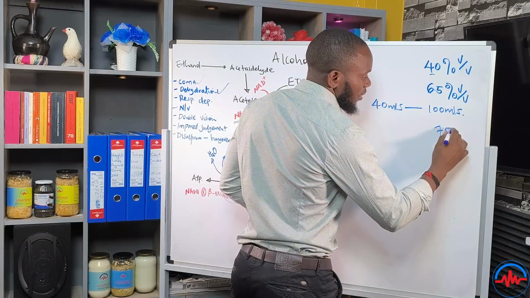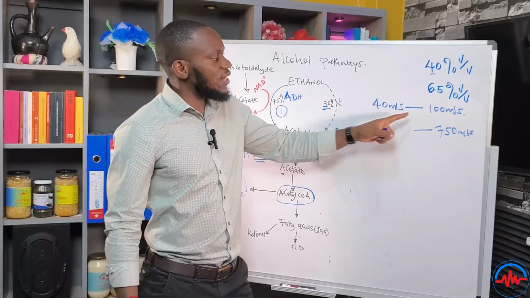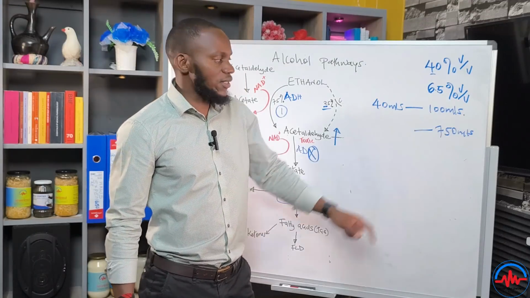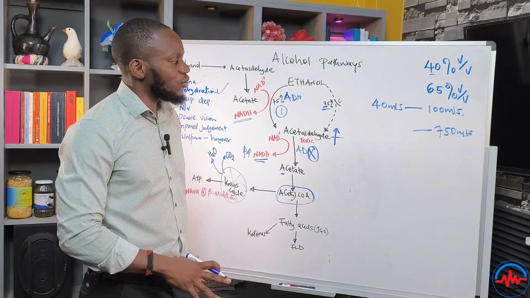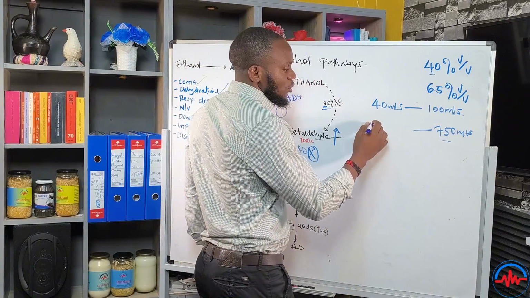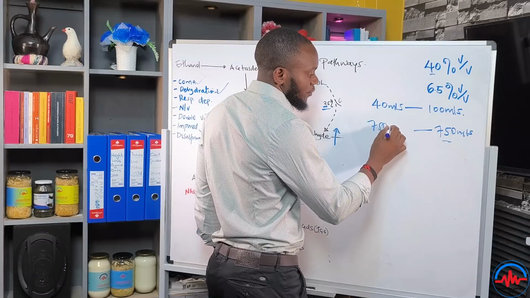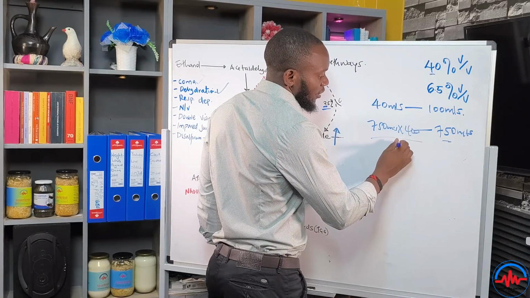So if 40% is in 100 mLs, what about 750 mLs? This will give you the amount of alcohol that you've actually taken when you sip that whole bottle of 750 mLs. You people call it mzinga. So this will be 750 mLs multiplied by 40 mLs and then over 100.